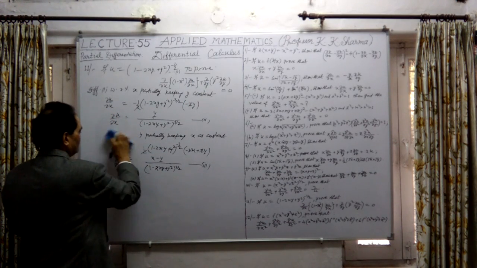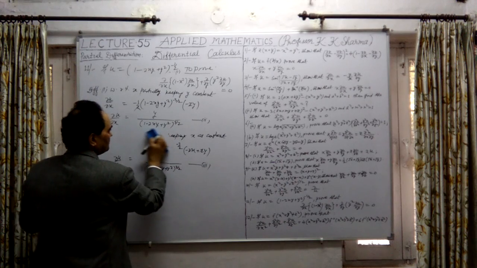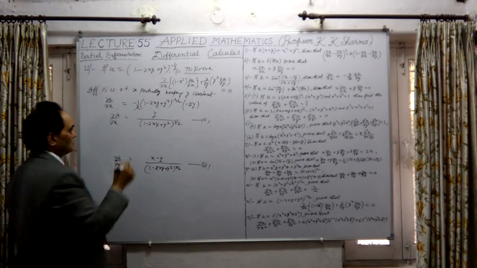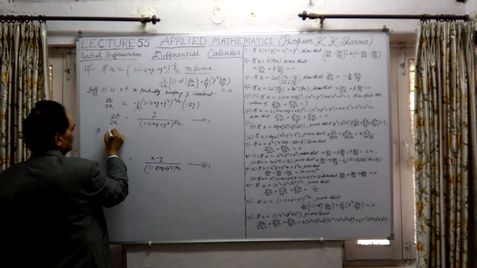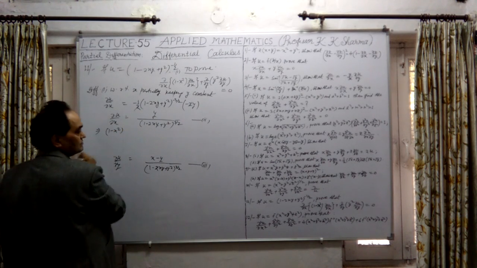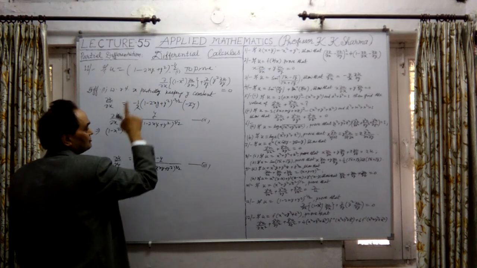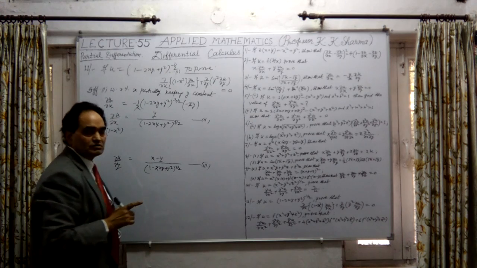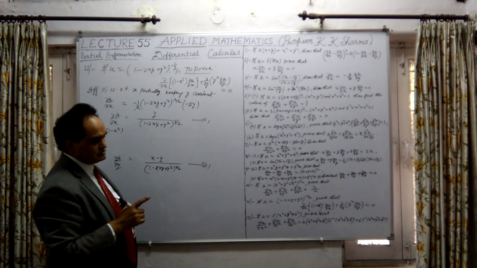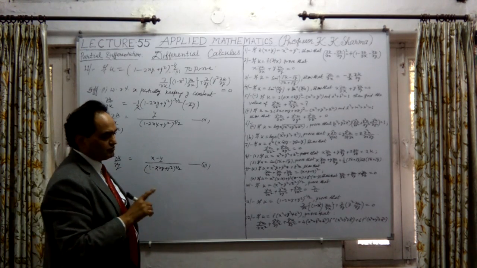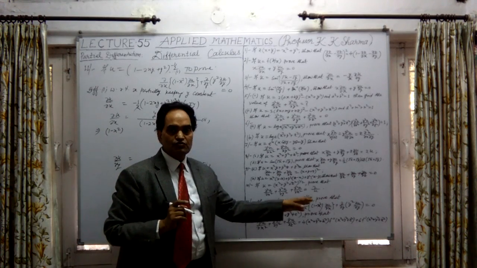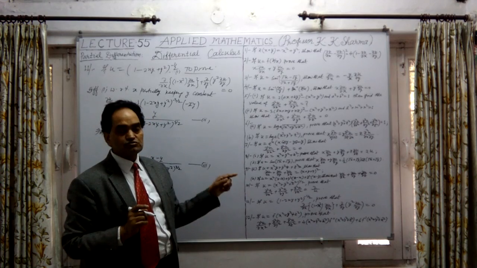Now let me write here and here also. This implies that 1 minus x^2, this is 1 minus x^2, not 1 minus x whole square. Initially it was 1 minus x whole square. This was given by the students, but I'm sorry, this is wrong. Please note down, this is not (1 minus x) whole square, it is 1 minus x^2.